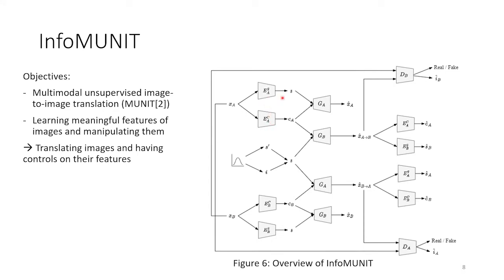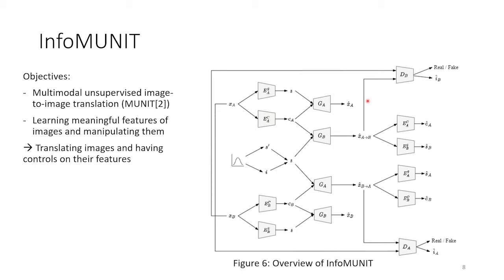One encodes the style of the image, and one encodes the content. Then the original image is reconstructed by a generator, taking the style and the content as input. So this reconstructed image should look exactly the same as the original image. That is the reconstruction training.